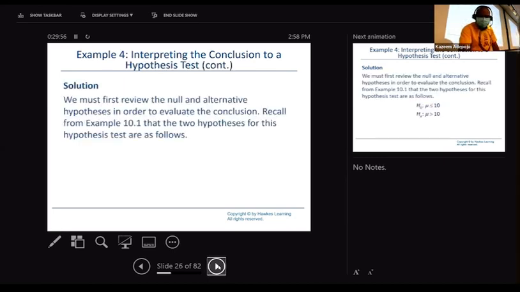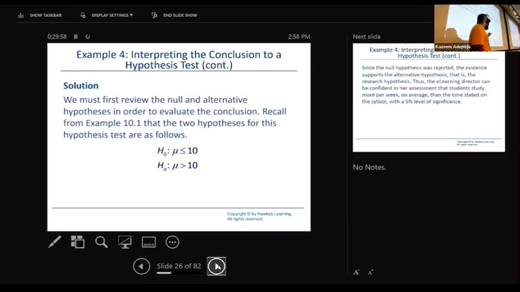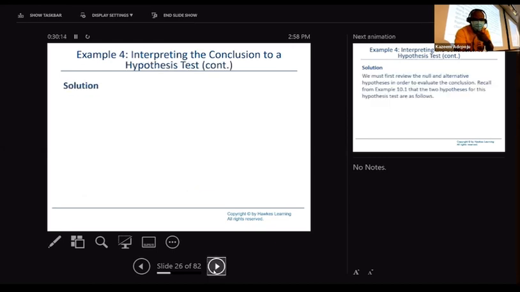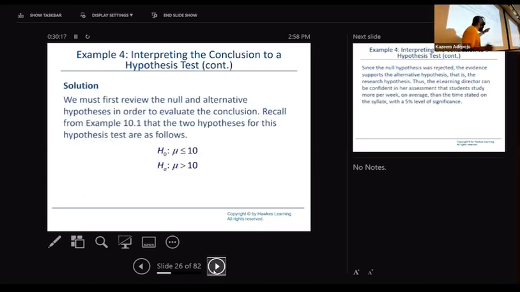Let's go to the specification again. The alternative is the director's claim. The null hypothesis goes against the director's claim. And we were told that the conclusion is to reject the null hypothesis. Rejecting the null, what has happened?